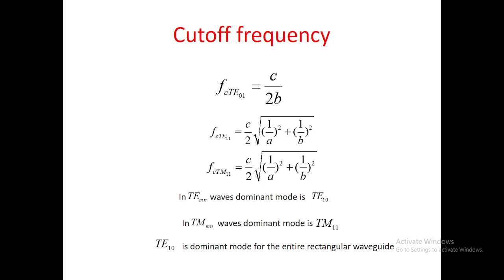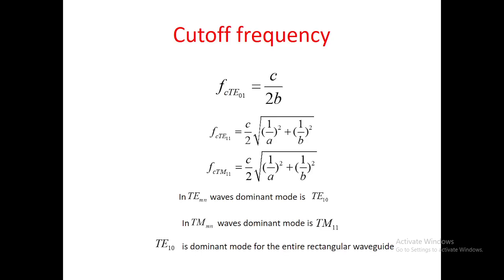Out of c by 2a and c by 2b, c by 2b has the larger value because a is greater than b. That means TE10 mode has the least cutoff frequency, so TE10 mode is the dominant mode for the entire rectangular waveguide.